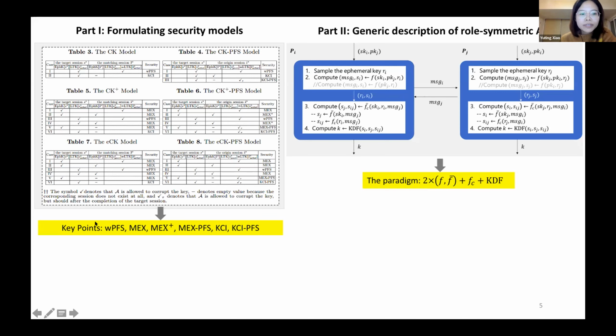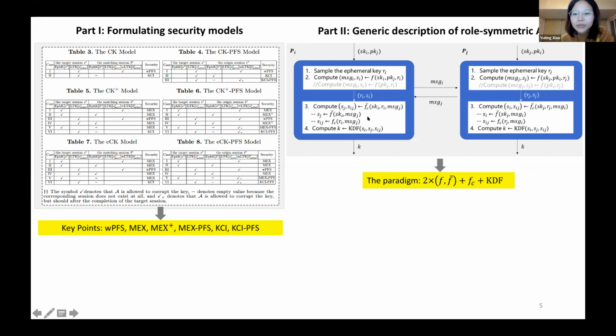Thus, to achieve secure AKEs, the most important thing is to achieve these security goals. We also abstracted the raw symmetric AKEs like this. On each side, its computations can be abstracted as three functions, F, F bar, and FC.